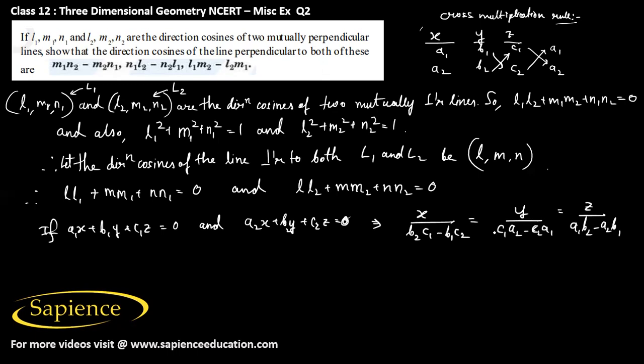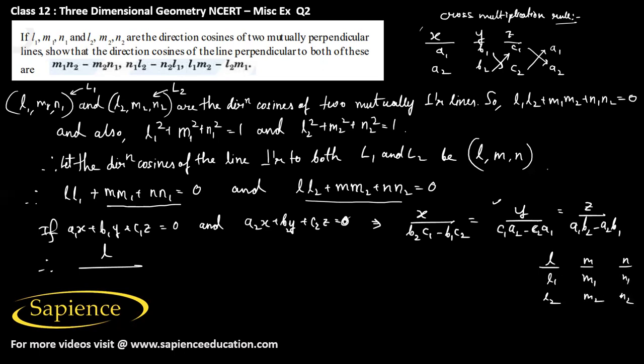Okay, so if we apply this rule in these two equations, then we can say that L divided by the coefficients. For L, M, and N, the coefficients in these two equations are obviously L1, L2, then M1, M2, and N1, N2.